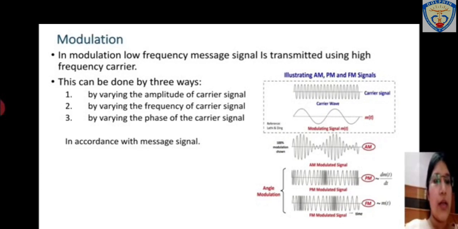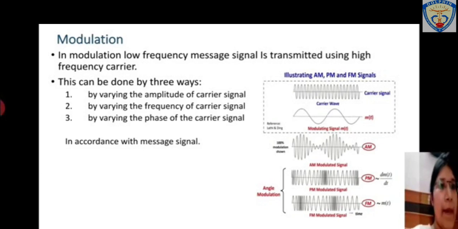Now let me illustrate the AM, PM and FM signals. Here you have the high frequency carrier signal, the carrier wave, and the modulating signal m(t). First, in the amplitude modulation, your carrier signal amplitude is varying according to the amplitude of the message signal.